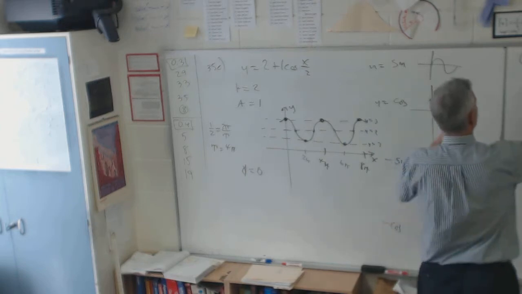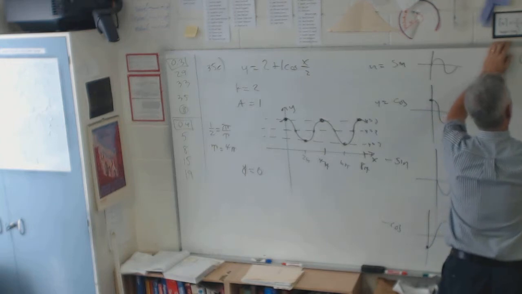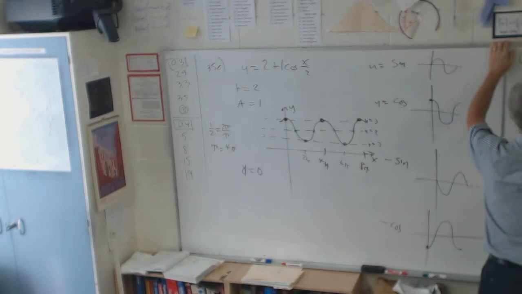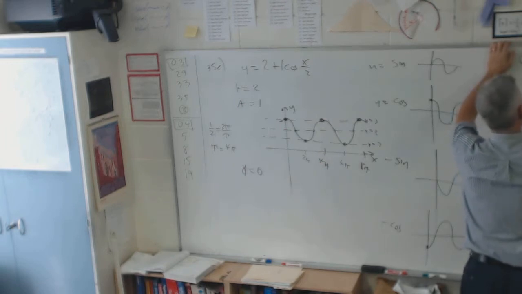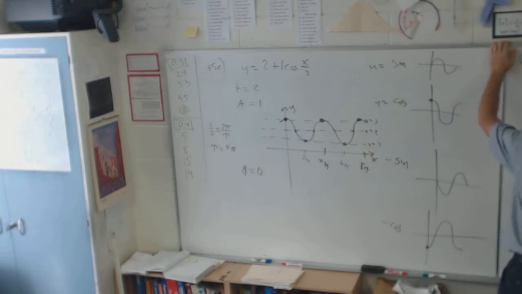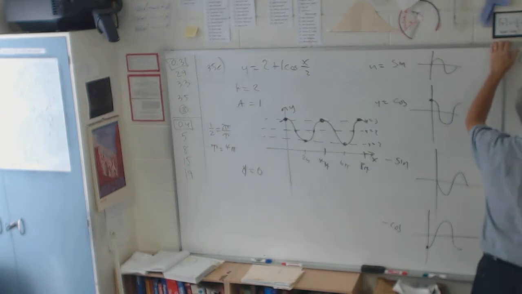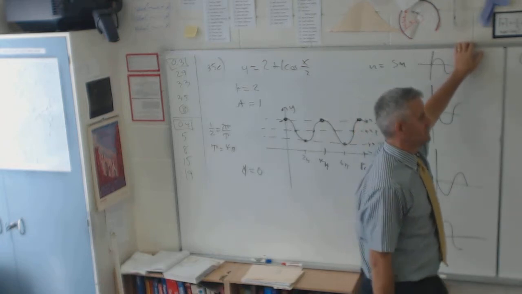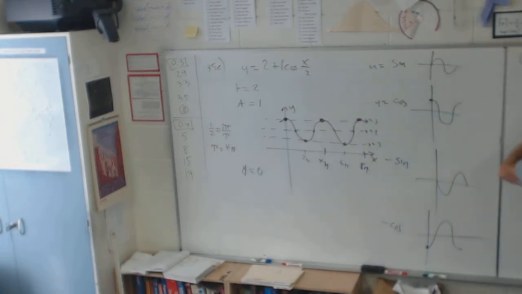Find all lines through (6, -1) such that the product of the x and y intercepts is 3. They go through (6, -1), and the product of the x and y intercepts is 3. Okay? We want all the lines to do it. So we're going to graph it.